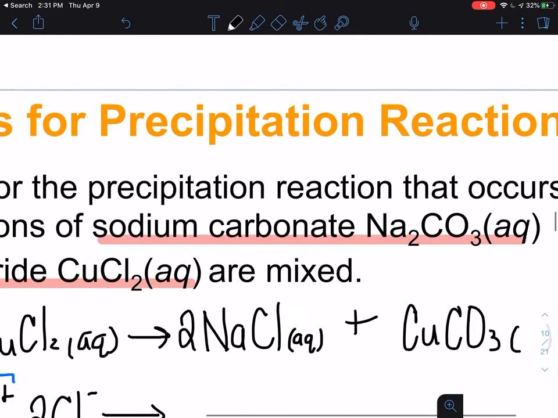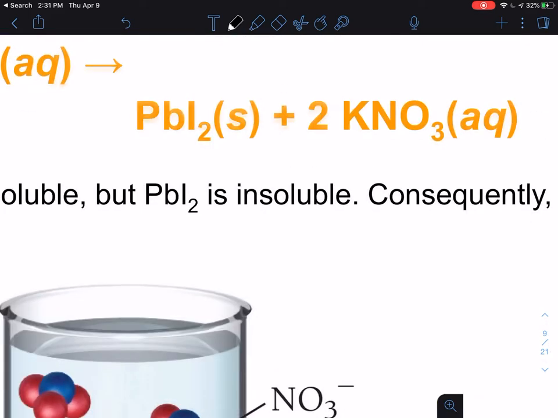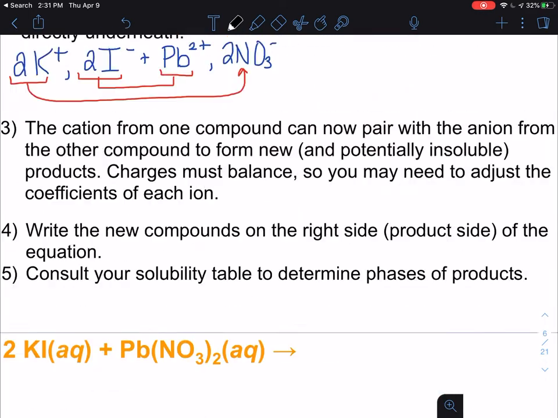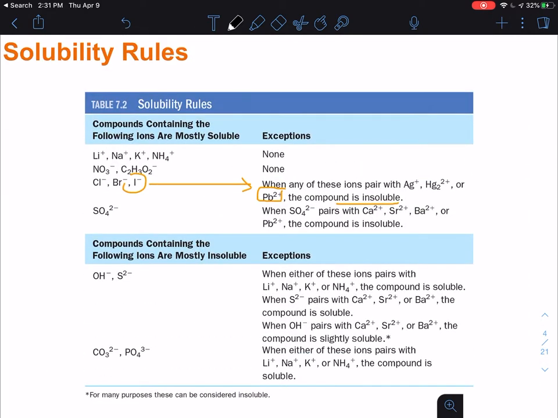But the big question is, how is this copper carbonate? So let's go back to my solubility table, copper carbonate. So for copper carbonate, we're looking at carbonate. Here's carbonate, and it's probably going to be insoluble unless we see a copper exception, which we don't.